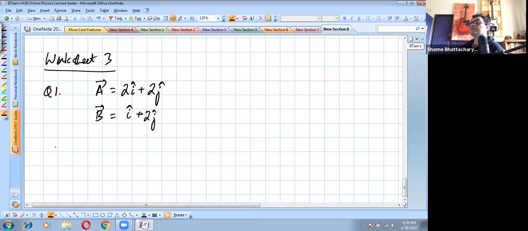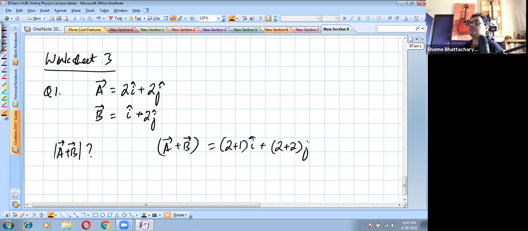Now we wanted to find out the magnitude of A plus B. So first of all, A plus B, very simply, becomes the sum of the x components, so that is 2 plus 1 i cap, plus the sum of the y components, 2 plus 2 j cap. Okay, so that is 3 i cap plus 4 j cap. So this is the vector A plus B.